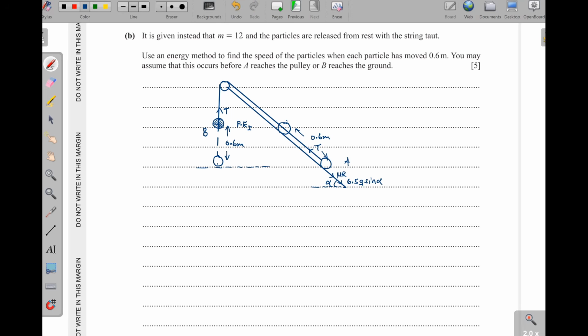Now, this being my point of reference, there is vertical height here. That means there is potential energy. And since the system is starting from rest, there is no kinetic energy here when B is starting. The same to A, it has no kinetic energy here. It also has no potential energy because there is no vertical height generated.